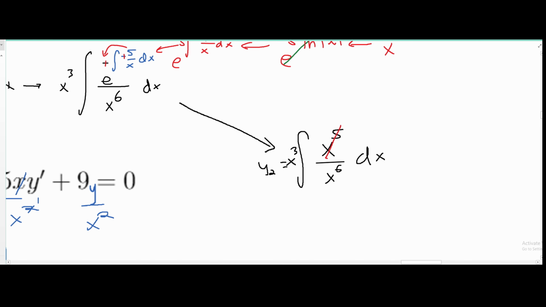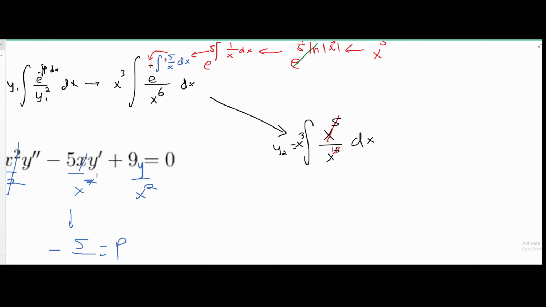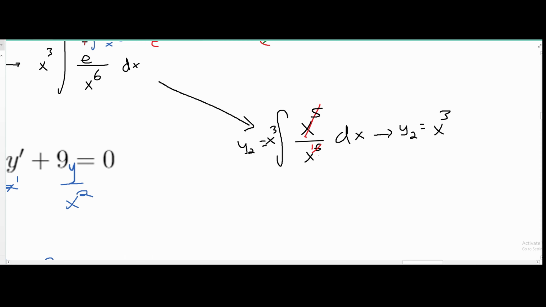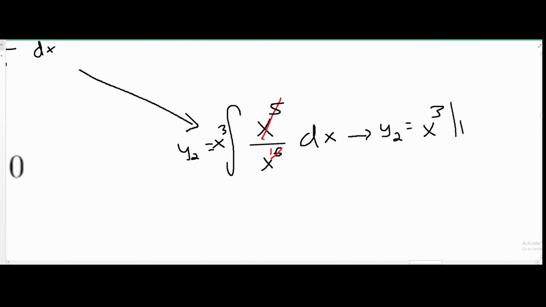This is just going to cancel. Well, it's going to subtract, so we're just left with a 1 over x in our integral here. And if we keep going, we're going to see that we have y2 is equal to x cubed, and the integral of 1 over x is just ln of x.